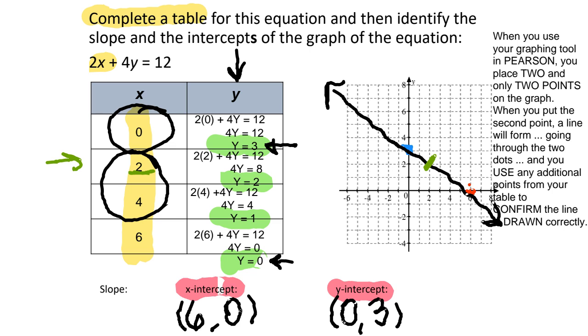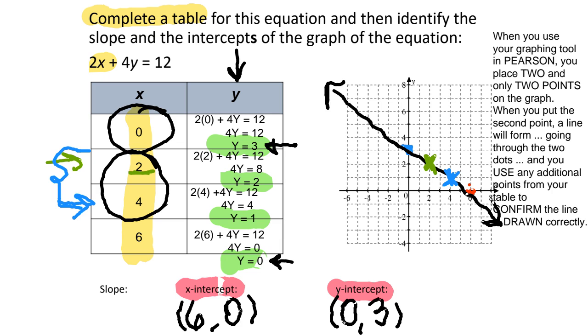If I take this other point, 4, 1, do you notice it's sitting right here on the black line? These are used to confirm, did you draw the line correctly? Because the tool is automatically going to put a line on it.